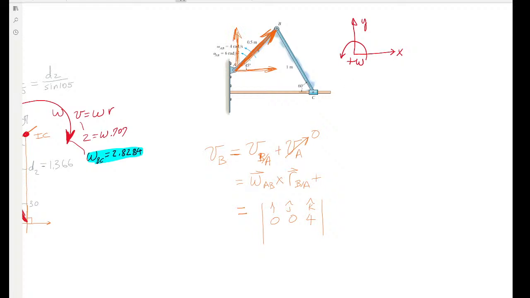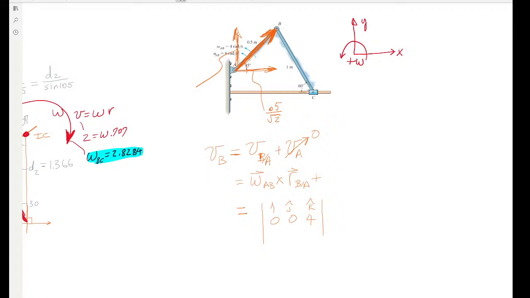Well, since the length of this is 0.5, each one of these and 45 degrees between that and the vertical or horizontal, that means you get 0.5 over square root of 2.